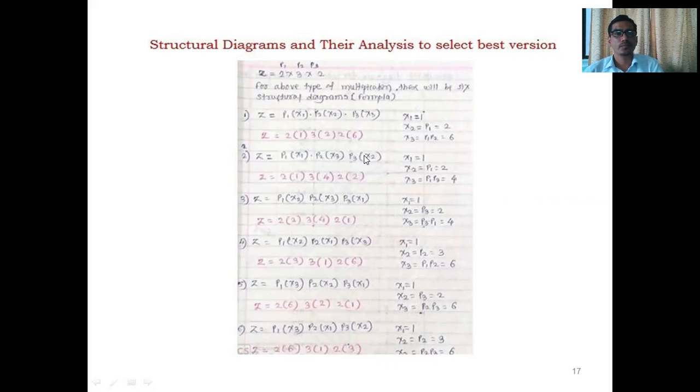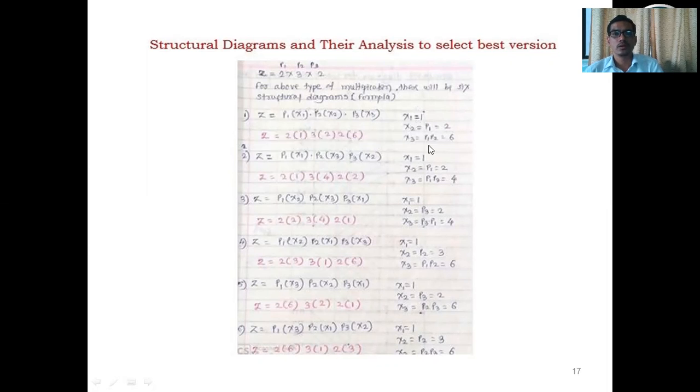So we are writing this structural formula in the form of Z = P1x1, P2x2 and P3x3. In this diagram you can observe that P1 is 2, P2 is 3 and P3 is 2. Then x1 is equal to 1, x2 is equal to P1 and x3 is equal to P1P2.